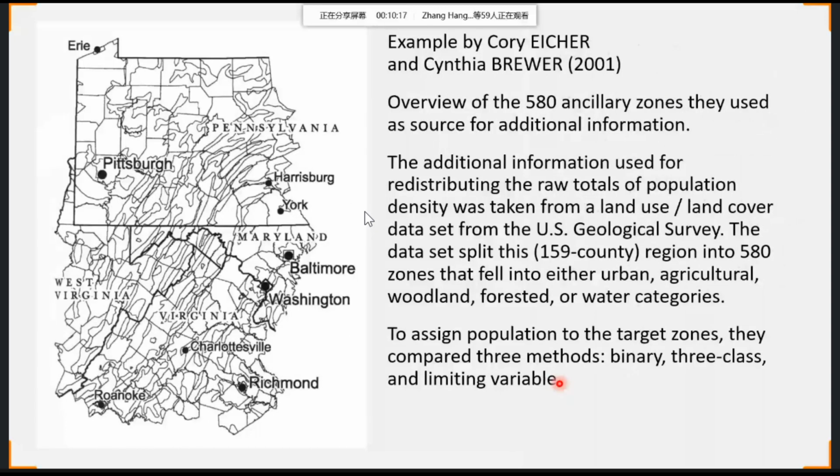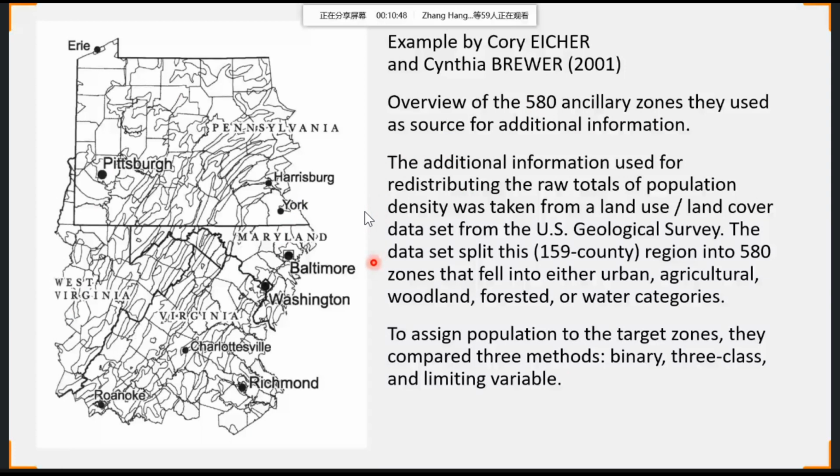And therefore, they used this data here. These are 580 ancillary zones. And they used these zones as a source for additional information. The additional information used for redistributing the raw totals of population was taken from a land use land cover data set from the US Geological Survey.